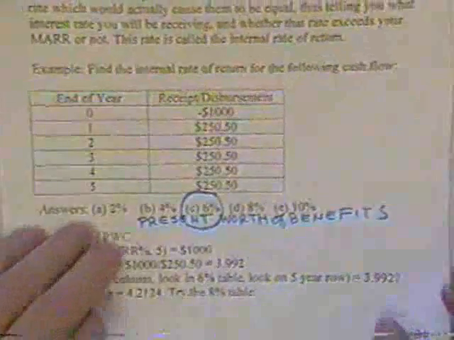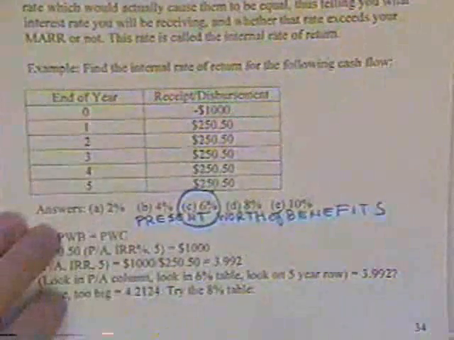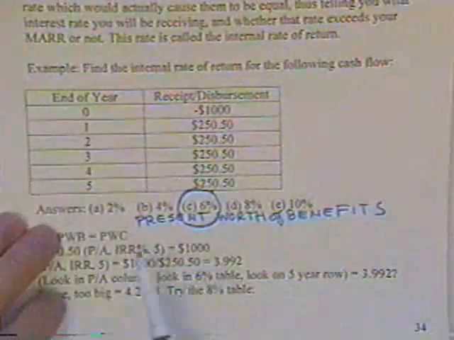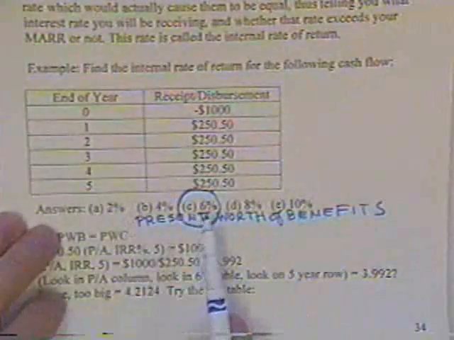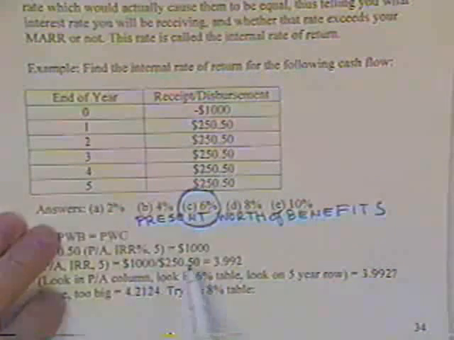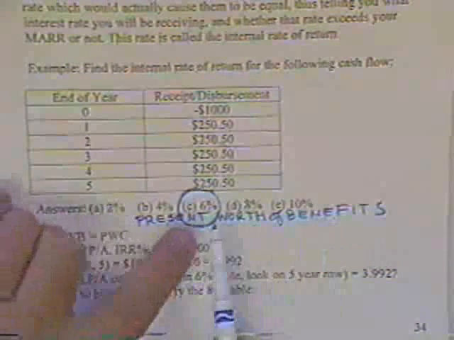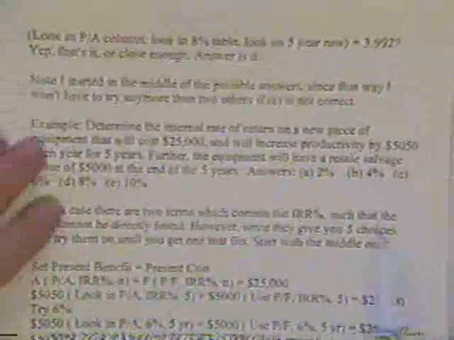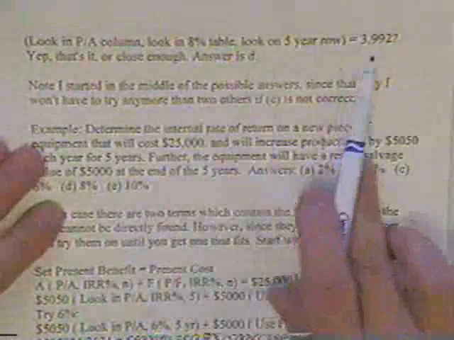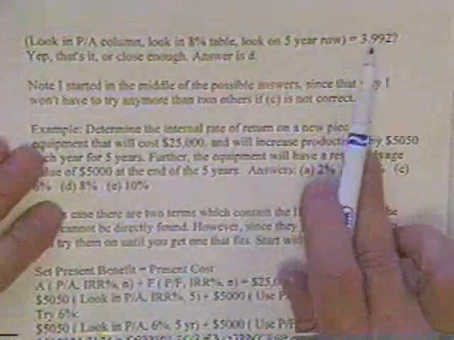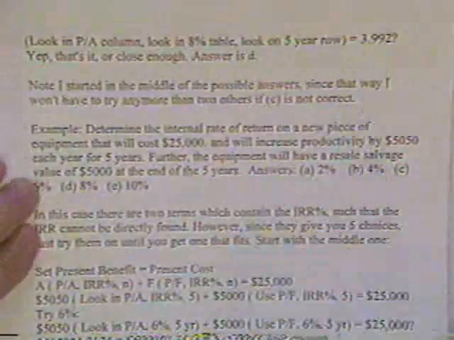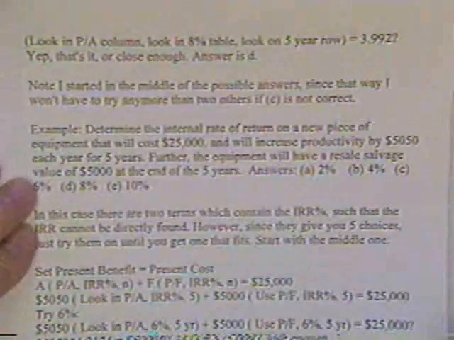So anytime you say, what do you think the answer ought to be, and the exam says, well, I think it ought to be one of these 5, start in the middle when you're doing these calculations. That'll minimize the potential of going either way. Now for 8%, if you look in the 8% table, yes indeed, that is pretty close to the number that we computed it should be, and so the answer has to be D.